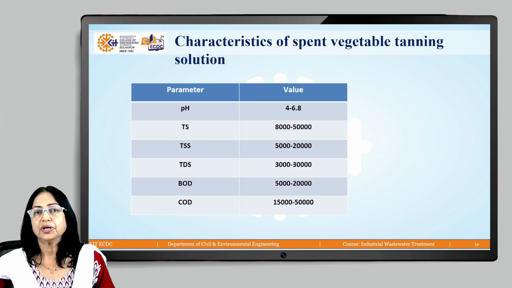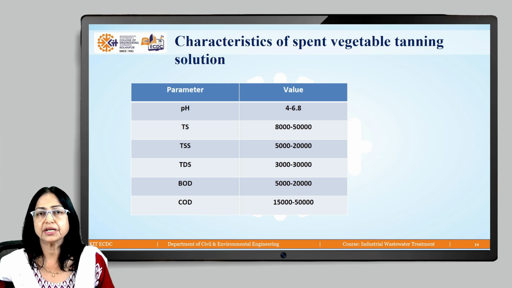Here you can see on your screen the characteristics of spent vegetable tanning solution. It is slightly acidic, pH 4 to 6.8, TS 8,000 to 50,000, and you can see BOD 5,000 to 20,000, COD 1,50,000 to 50,000. So, highly polluting, very strong in nature.